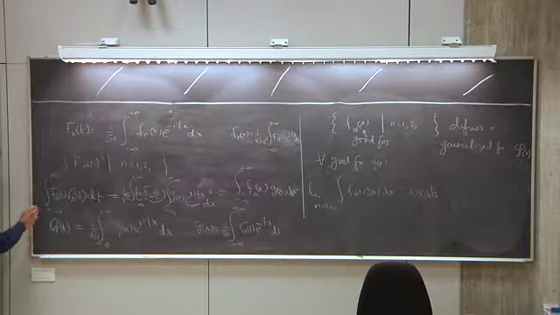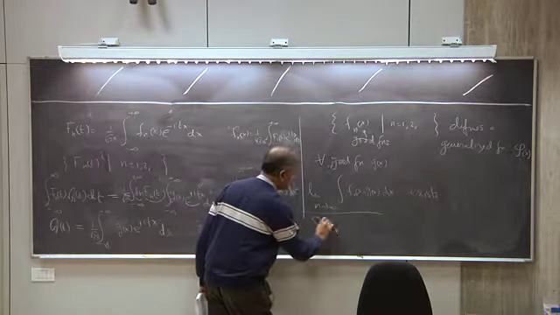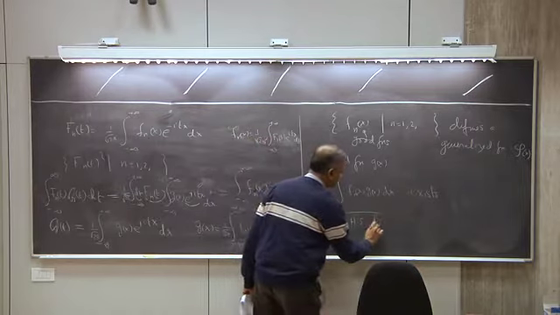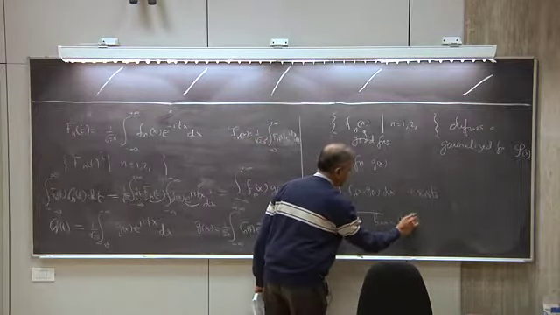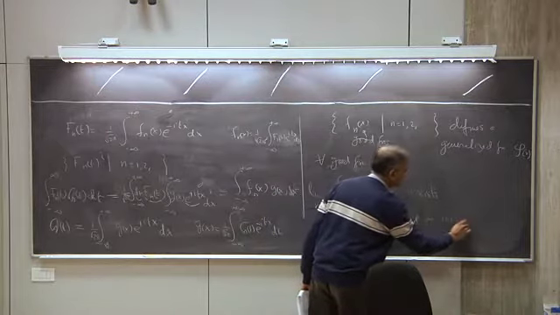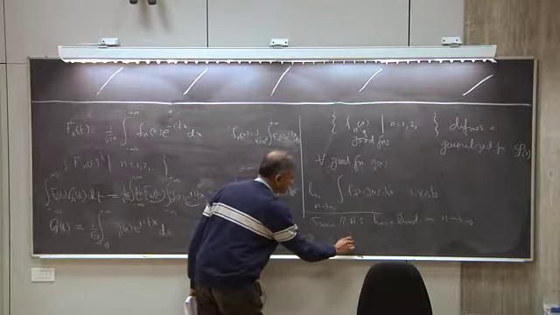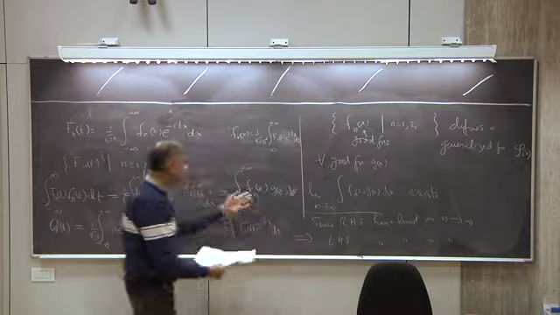So the statement is that since the right hand side has a limit as n goes to infinity, this implies that the left hand side also has a limit, because the two things are equal.